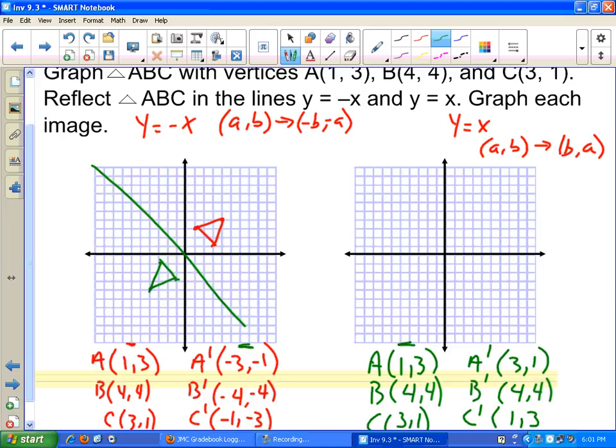We'll do the original ones here in green. We'll do the reflection in blue. So here we go. We're at 1, 3, 4, 4. Oop, didn't go over enough. 4, 4, and 3, 1.